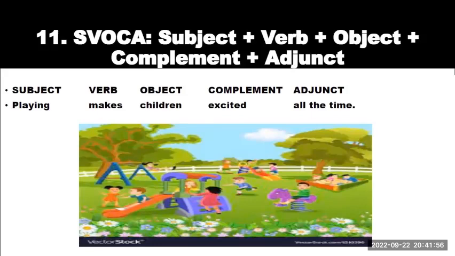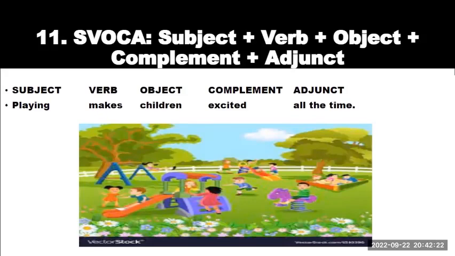When we take the word excite and use the past participle, which is excited, we turn it into an adjective, especially when we use it to describe something. Now, children are excited when they play. Children are excited. So excited describes the mood of the children.